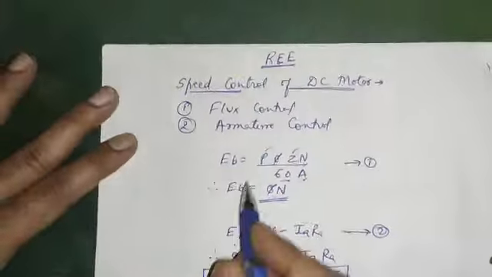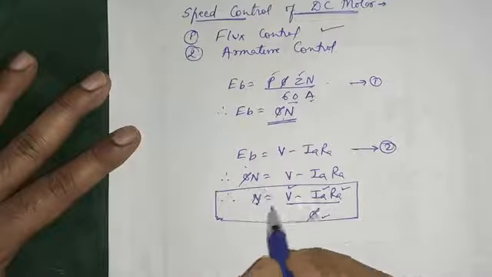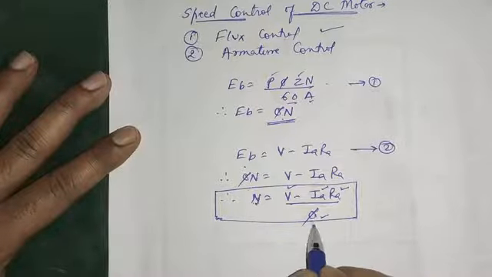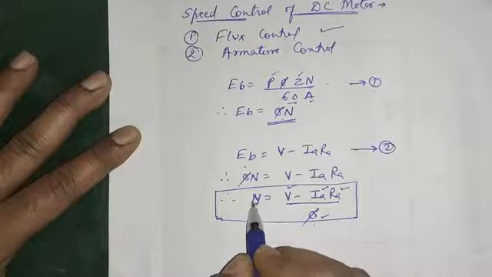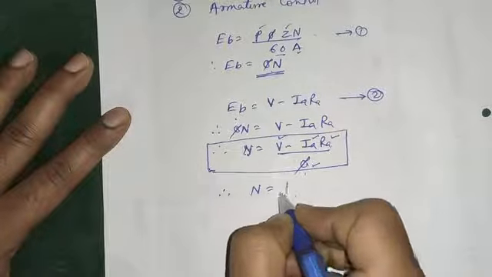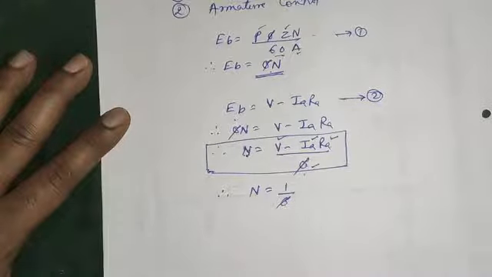Now, what is the first method? Flux control. From this equation we will consider only flux, because by changing the flux we are going to control the speed. So n is proportional to 1 divided by phi, that is, n is inversely proportional to phi.